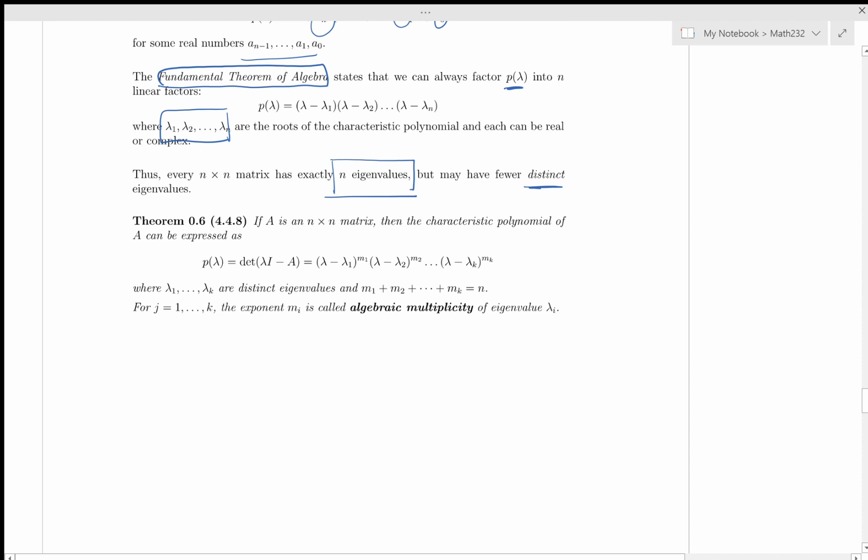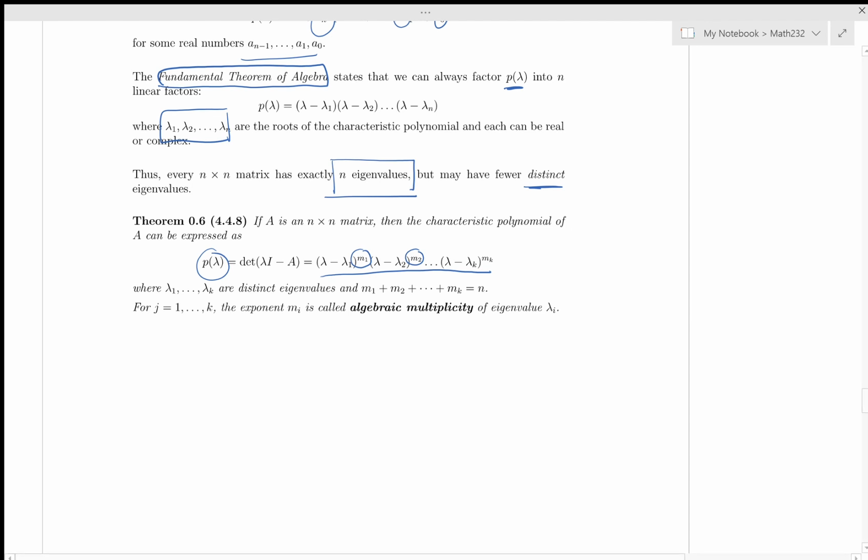Okay, so our theorem is telling us here our characteristic polynomial will, when factored, look like this. We will have some number of distinct eigenvalues, and each distinct eigenvalue can have a multiplicity of 1 or more.